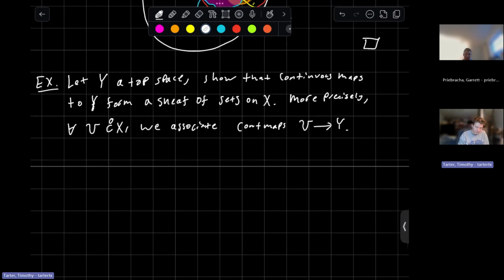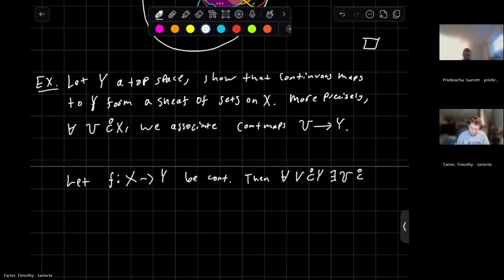So, okay, let f from X to Y be continuous. Then for every V, which is an open set in Y, there exists U in X with f inverse of V equal to U. So this is the definition of topological continuity.